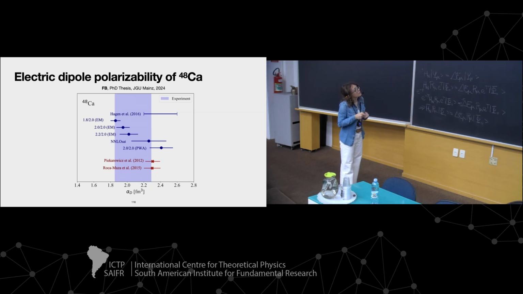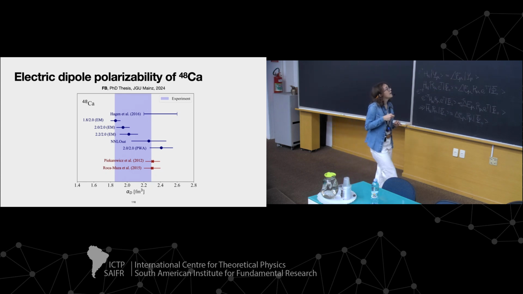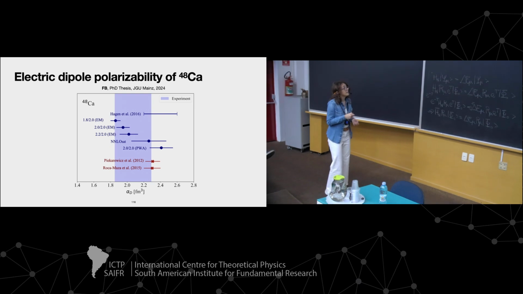This is a prediction that was done at the CCSD level. But later on, it was possible also to introduce triples. And so you see that in general, we are getting lower values of the polarizability with triples, and we are getting, also with different interactions, better agreement with the experimental data.